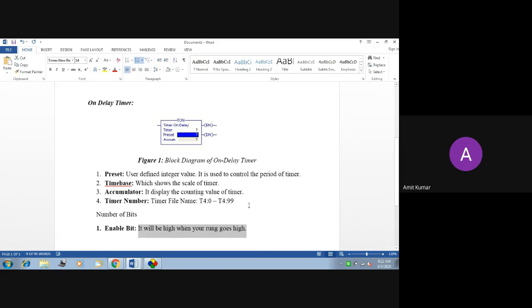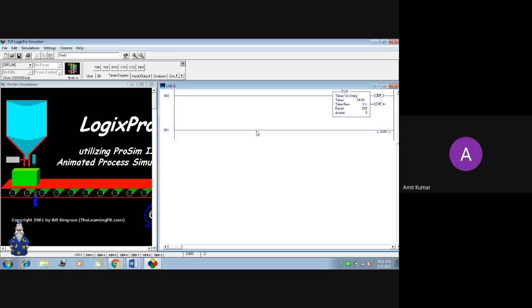So this bit will go high when this rung goes high. For example, if you look at this timer, if I place one input here, I will go for the simulation in the IO simulator.